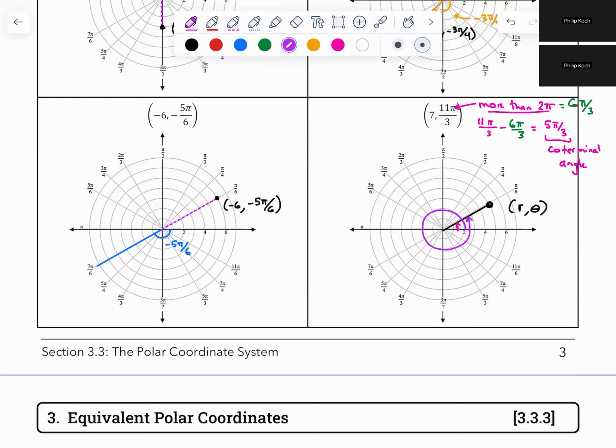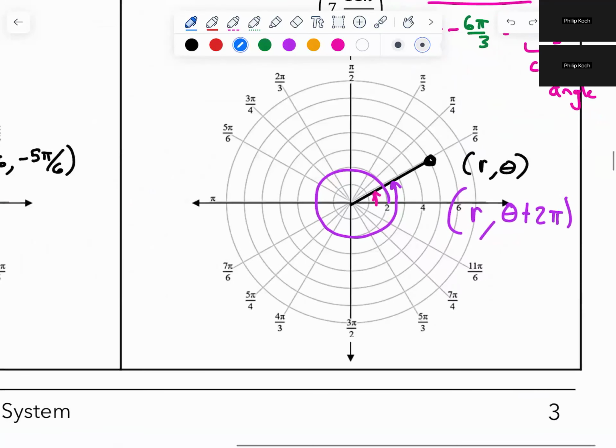So this would be R comma theta plus 2 pi. But if I make it negative, let's use blue, let's zoom in a lot. If I make it negative, now instead of being here, it's over here. So if you add 2 pi, you're always going to find a point that's directly opposite of it on the diagonal, on the diameter line. Is that okay?